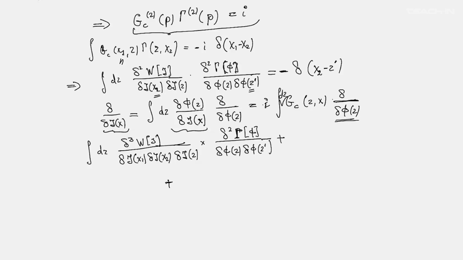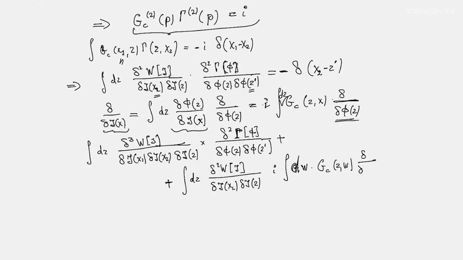Here, nothing would change, while here I will get i times integral dw, and then G_C z w, with delta over delta phi on w applied, so there would now be the second derivative of gamma on phi, delta phi on z, delta phi on z prime.